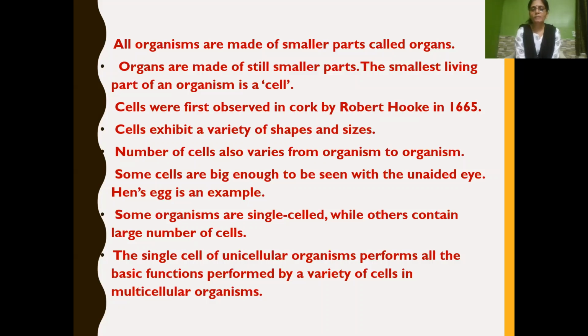Some organisms are single celled, that is, their body is made up of only one cell. We call these unicellular organisms, while other organisms have a body made up of many cells, and we call them multicellular organisms.